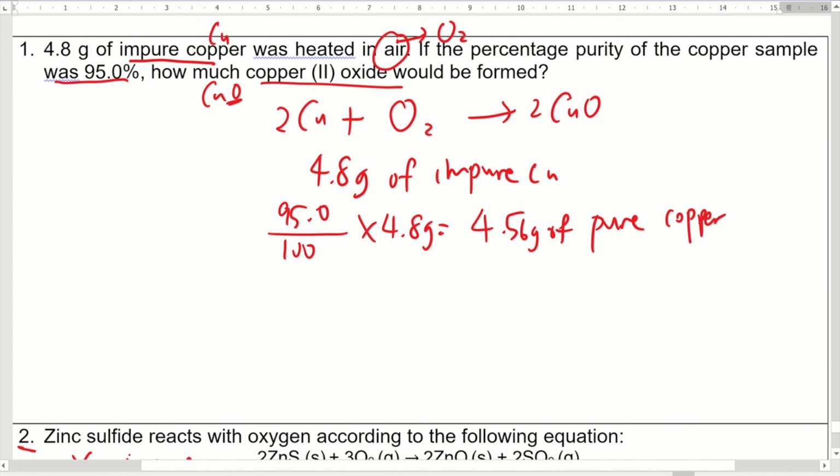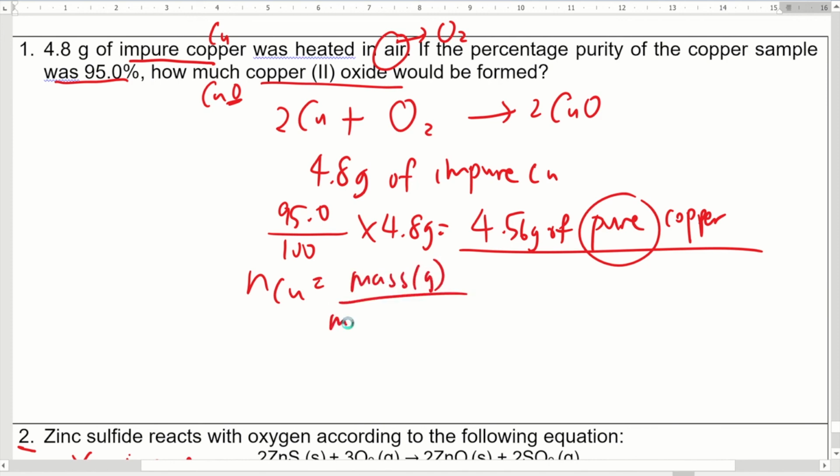So it's a little bit different for this question, but the idea is the same. You are still using percentage purity. So I have 4.56 of pure. Now I can calculate the number of moles of my copper. Mass over molar mass, which is gram per mole.